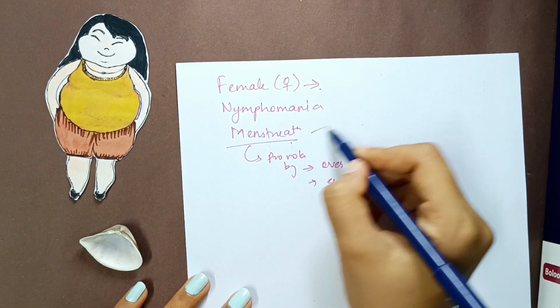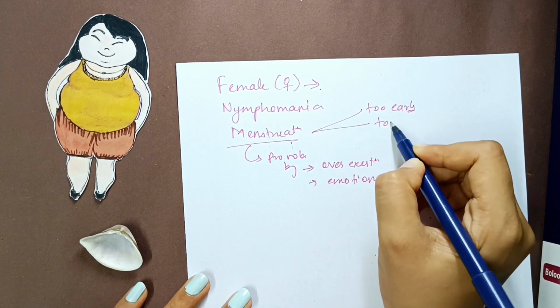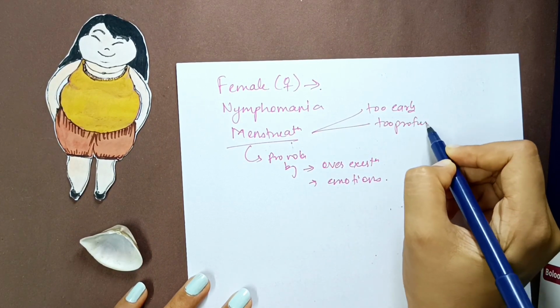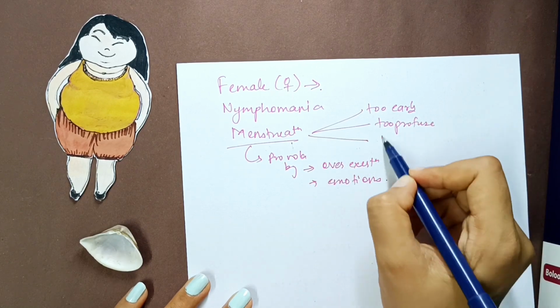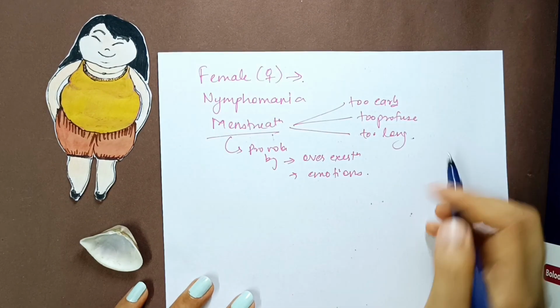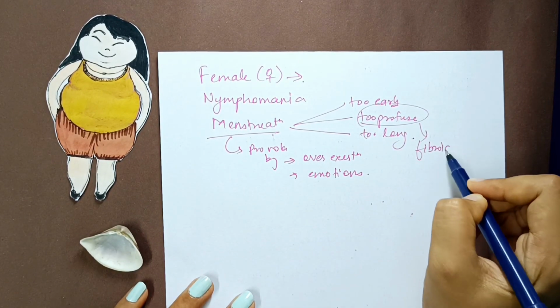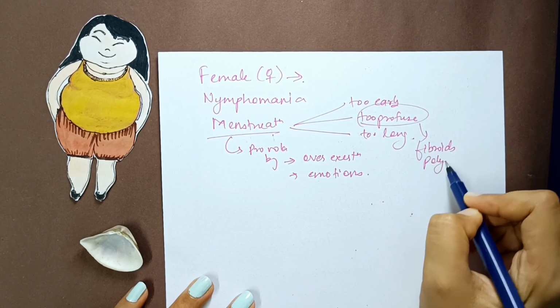The menstruation is too early, too profuse, and lasts too long, isn't it? And then why is it too profuse? It may be due to fibroids in the uterus. Yeah, fibroids or polyps in the uterus, right?